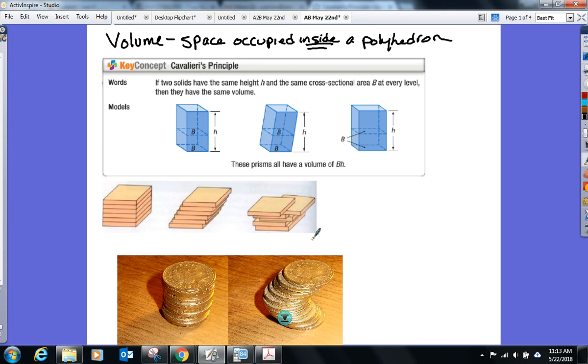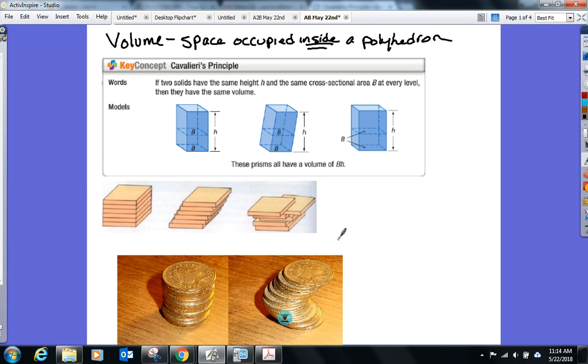Does everyone see here? Leaning, really leaning, straight up and down, all three have the same volumes. Then I go pizza boxes or whatever it is. I stack them straight up and down. This volume is going to be the same as if I just tipped them over to one side or if I really scrambled them up. Why? The heights don't change.